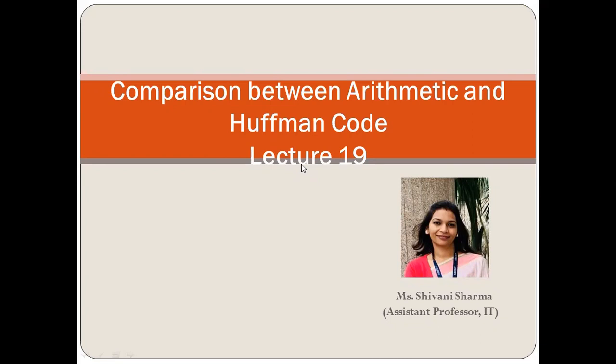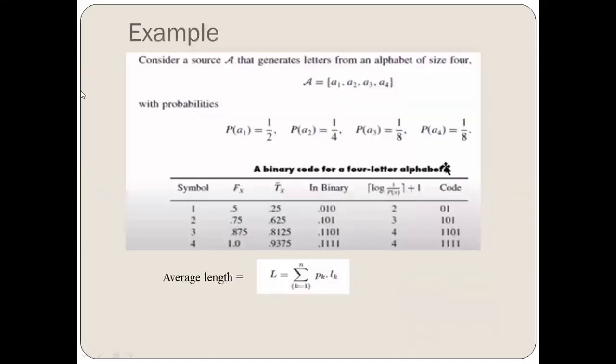We have already taken an example regarding arithmetic coding in the earlier lecture, and we calculated the codes for this particular source. This example is of arithmetic coding, that is, generating the binary codes.